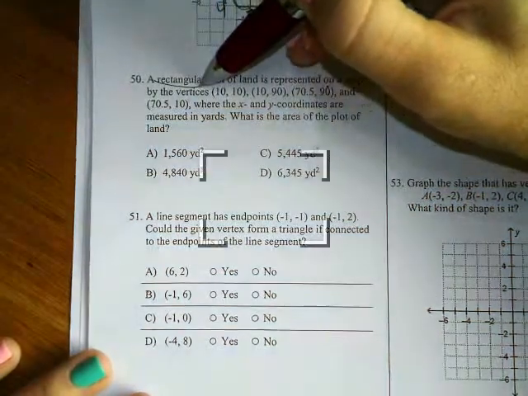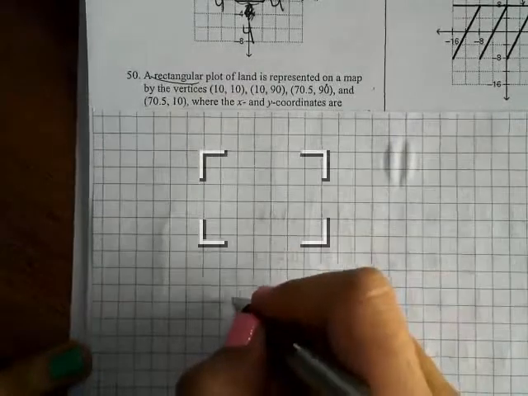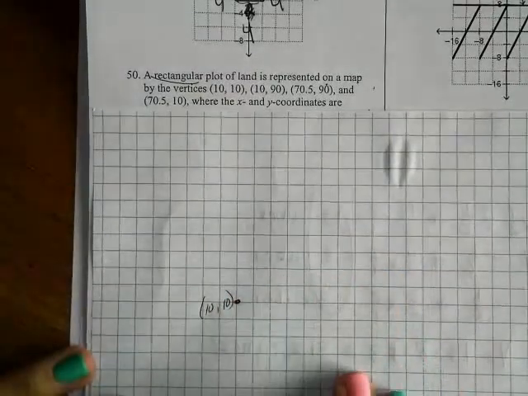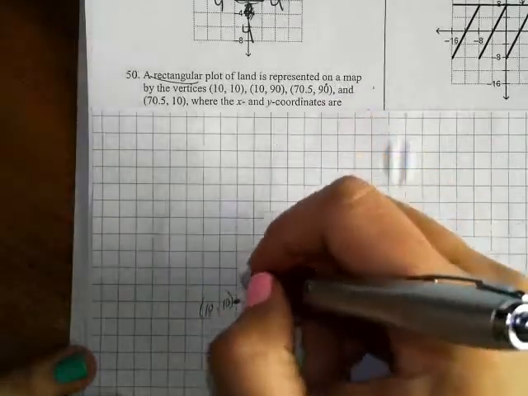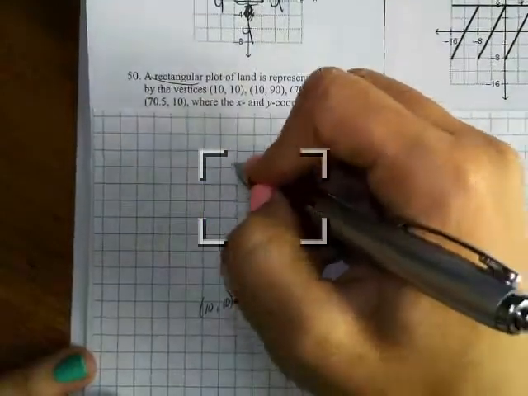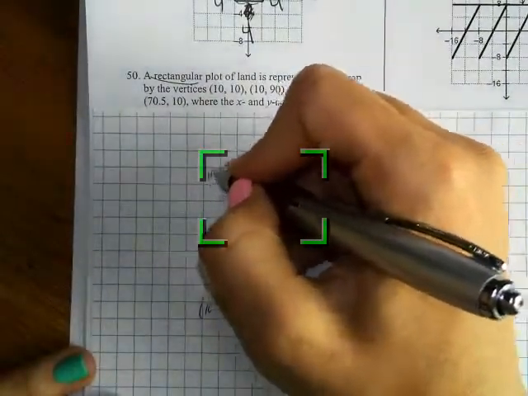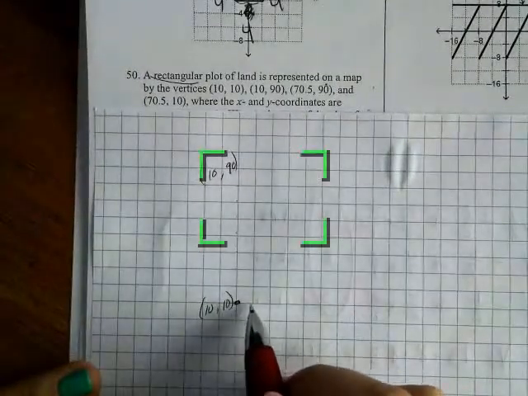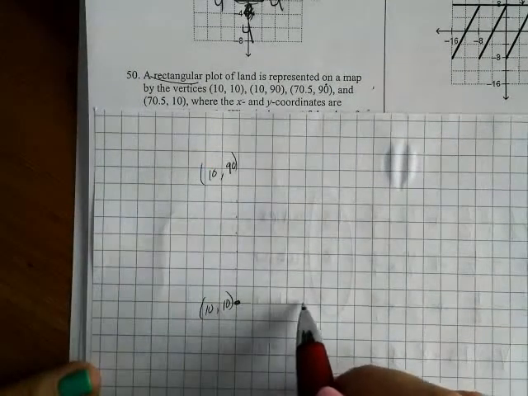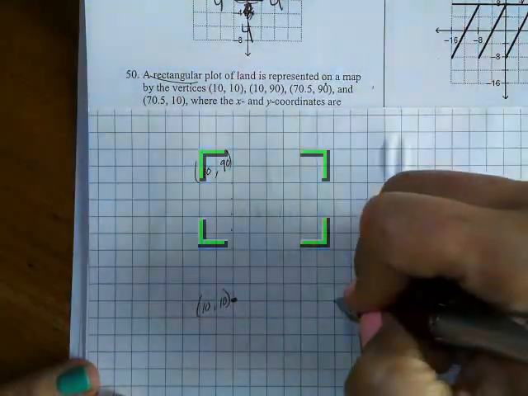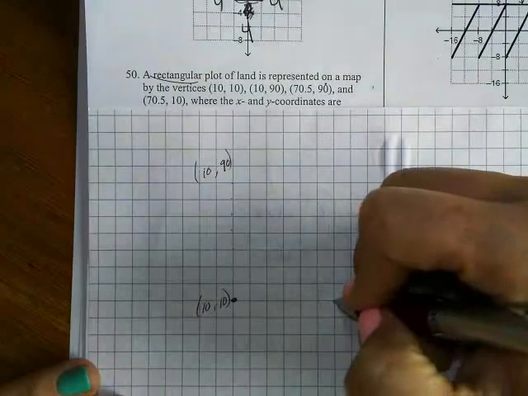Since it's a rectangular plot, if I have the points, if 1 point's here, 10, 10, and then I have 10, 90, so 10, 20, 30, 40, 50, 60, 70, 80, 90. Okay, and then you have 70.5, and 90.